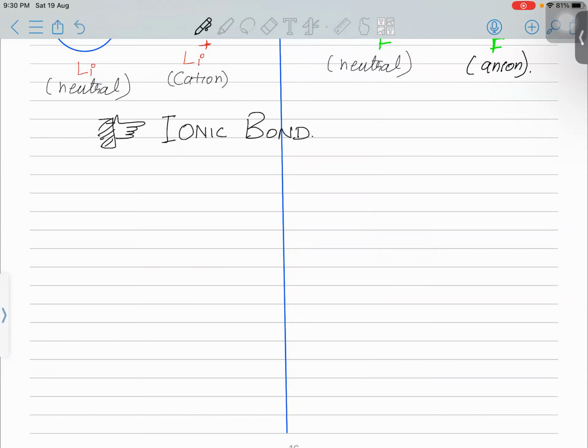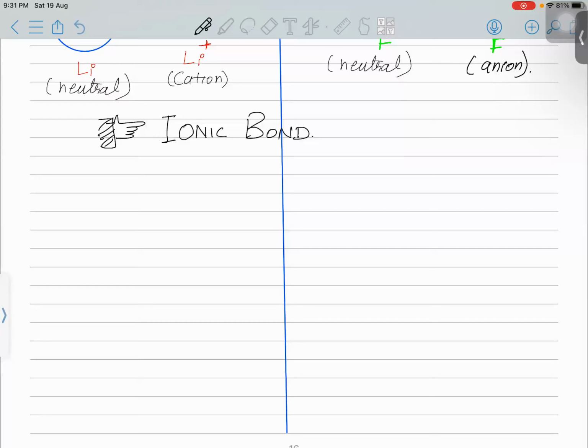Do you know what is ionic bond? Sir, ionic bond is a bond formed between a cation and an anion. Ionic bonding is a type of bonding in which an atom or element transfers one or more of its electrons permanently.